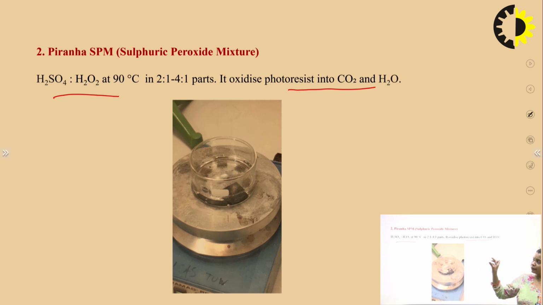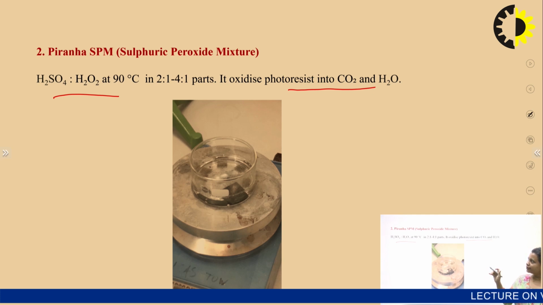This is very harsh, and if they are used beyond a certain time or beyond a particular temperature, there will be chances that the wafer gets burned out, or it will completely remove the wafer itself. So we have to take care of it while performing our cleaning process when we are using such kind of processes. So this is basically Piranha SPM.